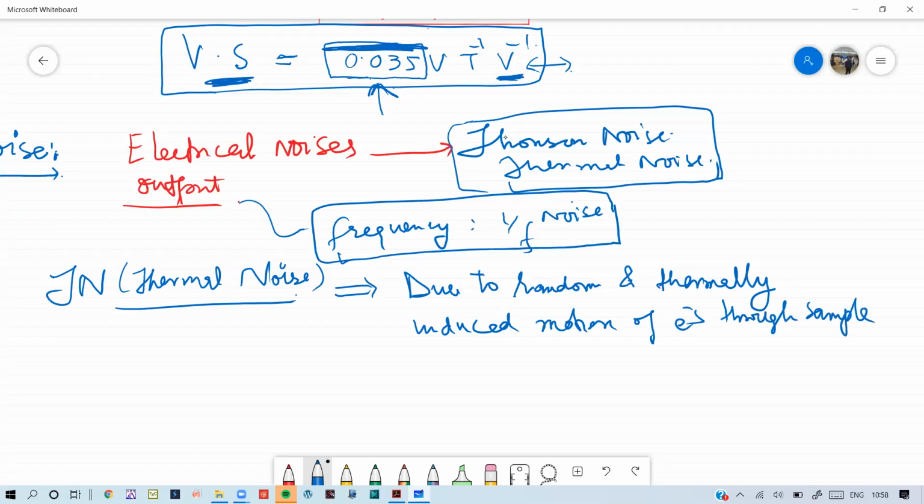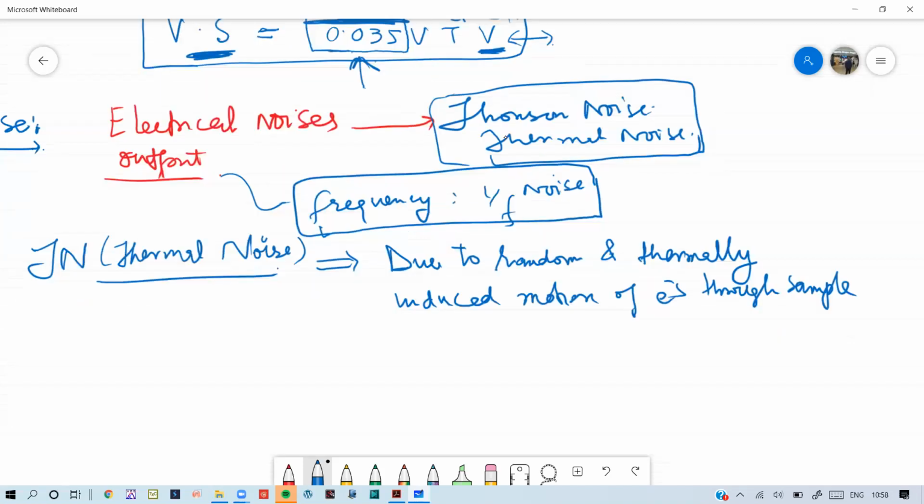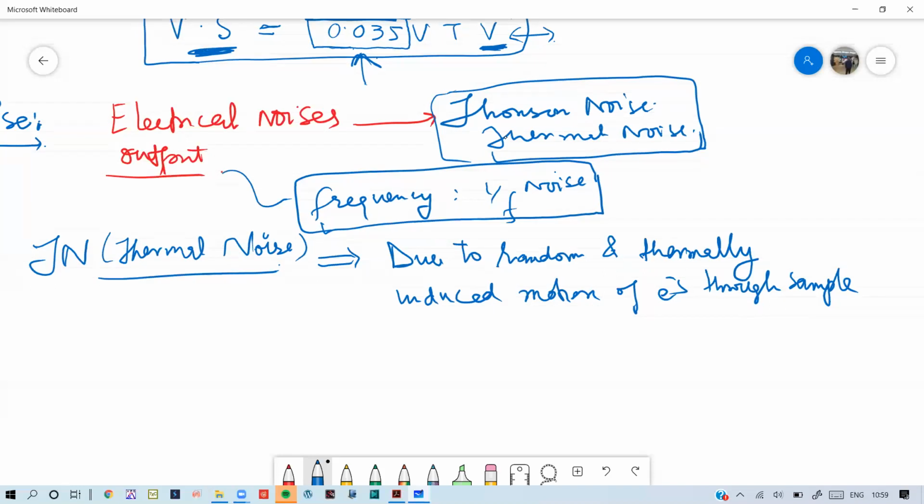Sample means it's a semiconductor or a metal sample. That's why it's called thermal noise, because whenever there is a current moving through the sample, there may be scattering of electrons, charge carriers, with ions, with sample boundaries, which may create some heat loss, energy loss in the form of heat, which is finally a thermal noise, generally called thermal noise.